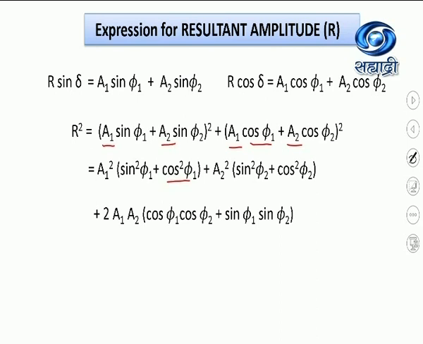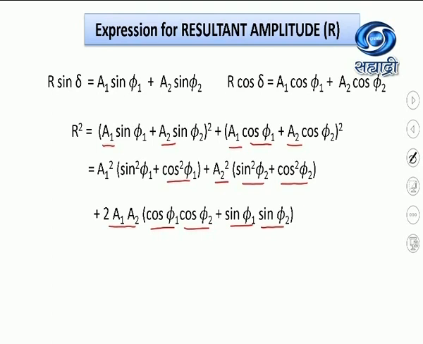On similar lines, A2 square is taken common and we have sin square phi 2 plus cos square phi 2. The rest of the terms, which are the middle terms from the first and second brackets, are combined together as 2A1 A2. From the first bracket we get sin phi 1 into sin phi 2, and from the second bracket, cos phi 1 into cos phi 2.